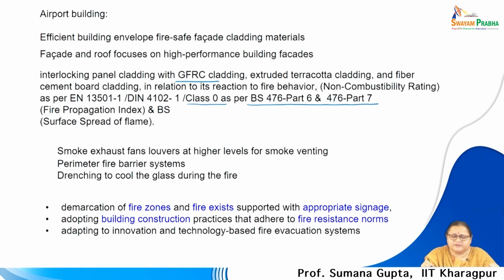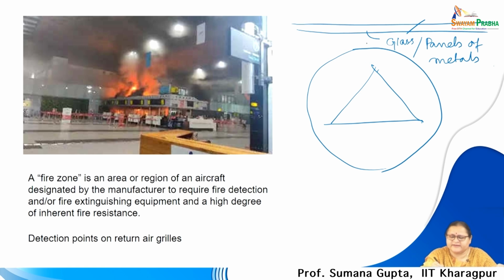Now, these kinds of materials are to be put in the facade area, as I told that this facade is very close to the cause of a fire, because this aircraft is fueled with petrol, and in case of a small spark there will be a fire over here. So, the fire should not get into the building on the air side is the concern.